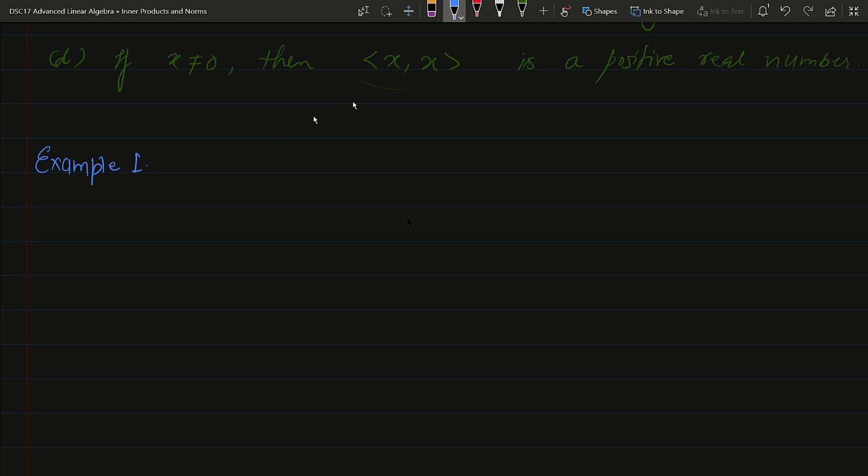Okay, so first example is about standard inner product. In the first example we will prove a function and उस function को हम inner product के रूप में देखेंगे and then we will call that function the standard inner product. Okay, so example: let F^n over F be a vector space.